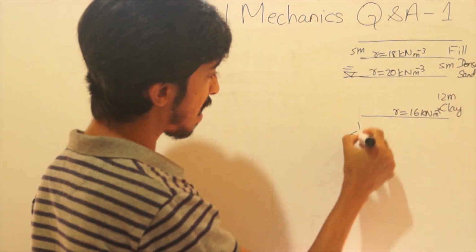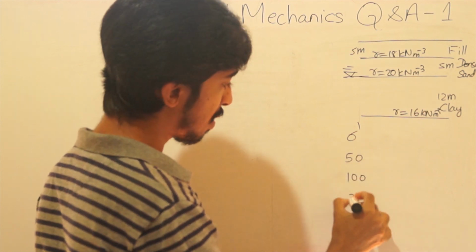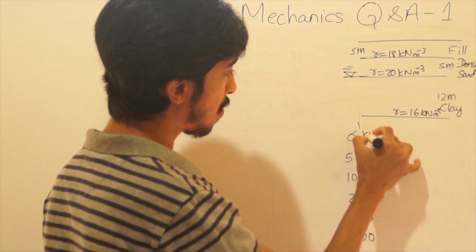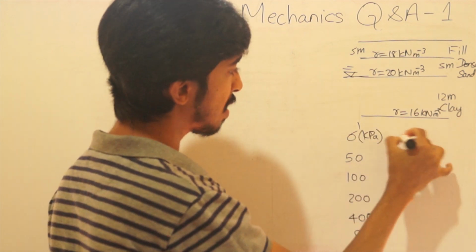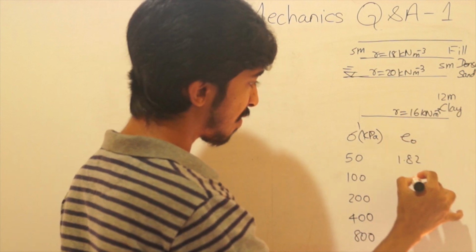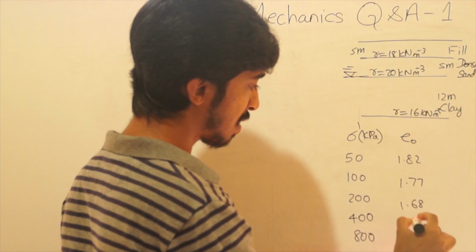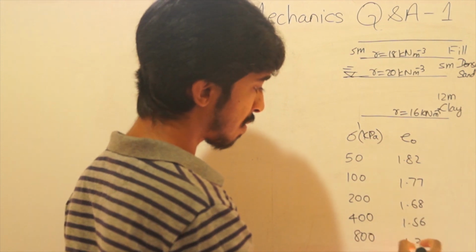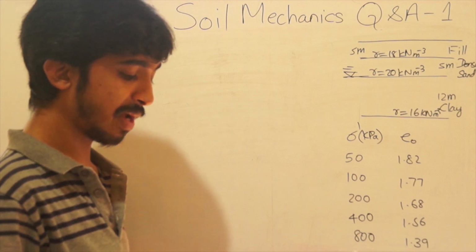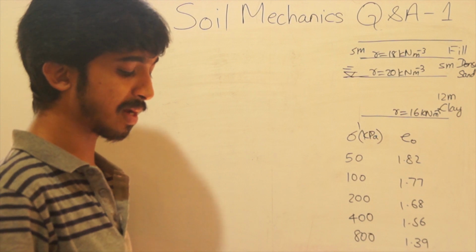The sigma dash values are 50, 100, 200, 400 and 800 in kilopascals, and the void ratios are 1.82, 1.77, 1.68, 1.56 and 1.3.